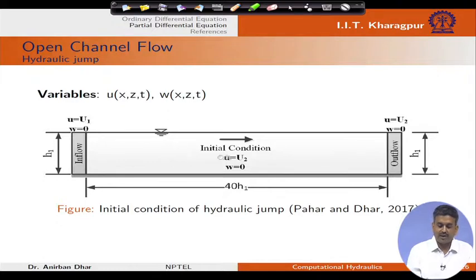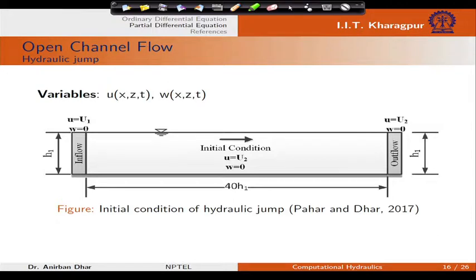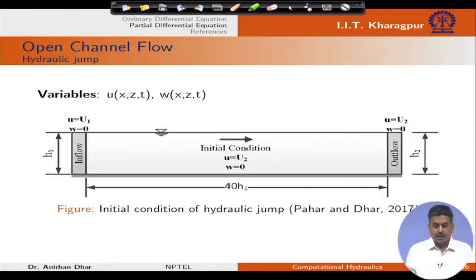We have this initial condition, that means U equals U2 and W equals 0, that means no velocity in the vertical direction, and only the longitudinal velocity value is U2 initially, and with time we can change the inlet velocity and we can get the desired hydraulic jump simulation.